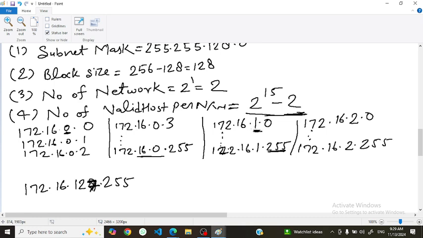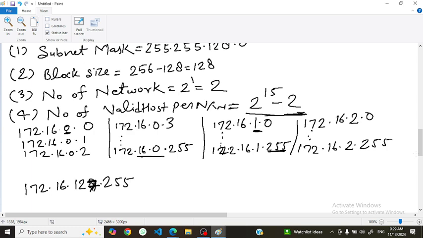So once we increase the third octet, the value will be 1, and we will go from 1.0 to 1.255. Similarly, after that we will make 172.16.2.0 to 255.